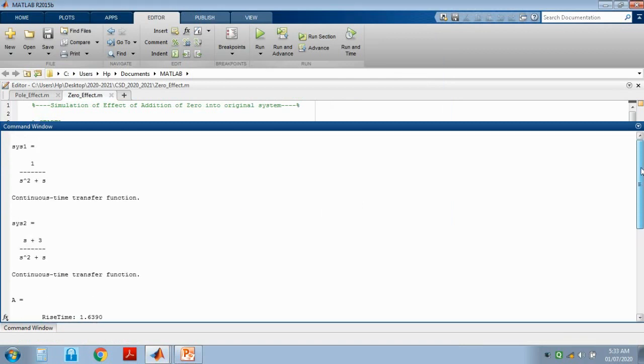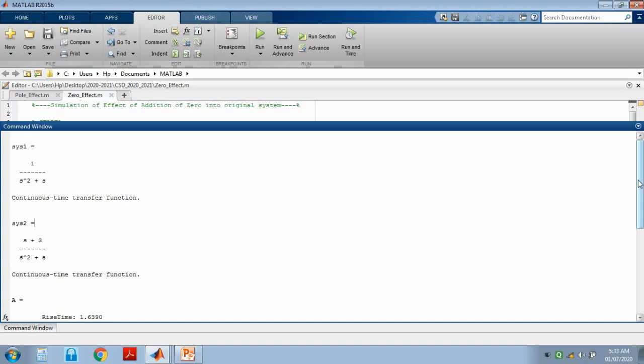In terms of numerical values, we can observe our results in the command window. System 1 has the transfer function 1 upon s square plus s, which is nothing but k times 1 upon s into s plus 1, and system 2 is k times s plus 3 upon s into s plus 1.